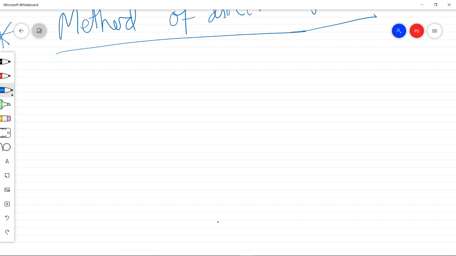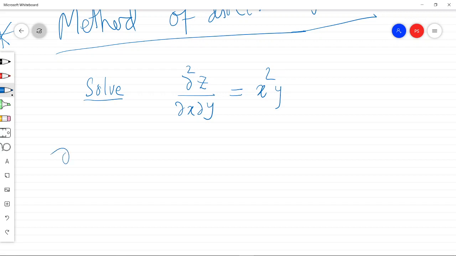Suppose we need to solve a given partial differential equation which says dou 2 z by dou x dou y is equal to x squared y. Now note that since it involves dou and z is now a function of both x and y, it is a typical partial differential equation.